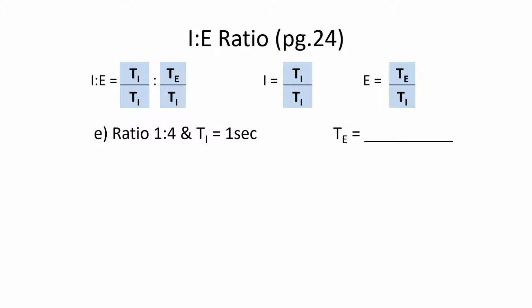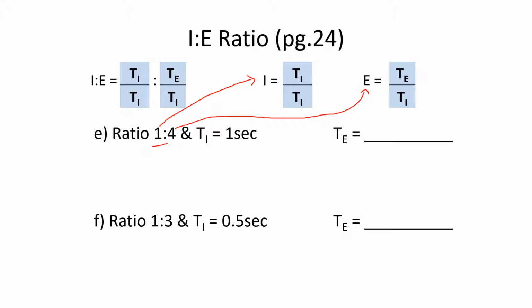This time you're given the ratio, and you have to solve for either TI or TE. So remember, this number corresponds with that value, and this number corresponds with that value. So plug and chug. So what is TE for letter E?